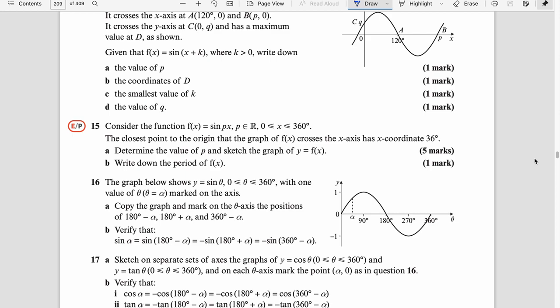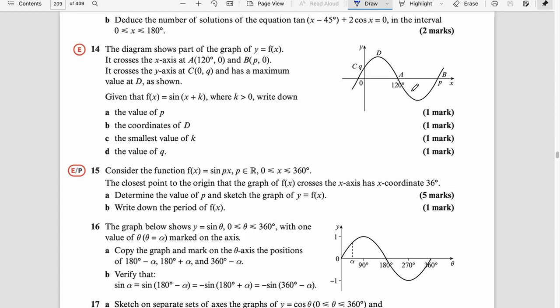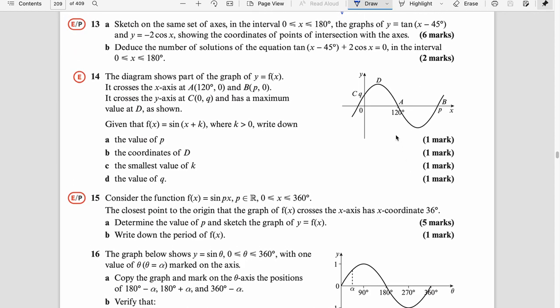Whenever this is the case, such information would be given. We cannot tell. You're talking about the same graph, right? You're talking about this graph. Okay, 30 degrees right.